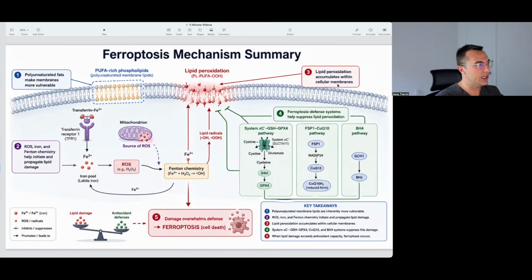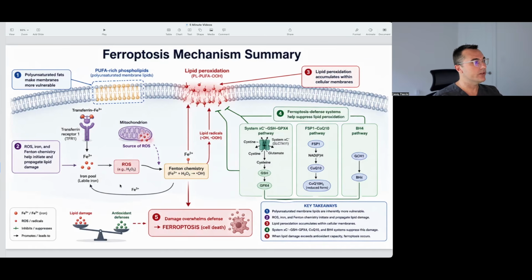They accumulate and they ultimately overwhelm the cell, and the cell dies. What's also shown here in step 4 is the antioxidant systems that help prevent against this and buffer this. And that is a pictorial view of ferroptosis.